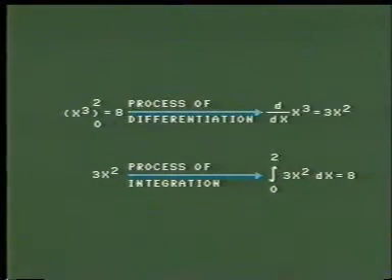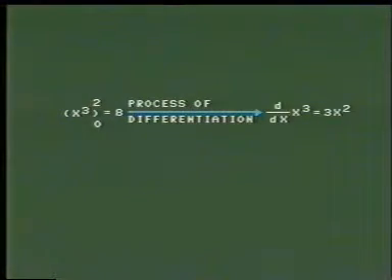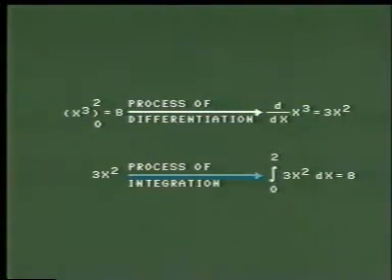On applying the process of differentiation, differential coefficient of x cube is equal to 3x square. Now, if we apply the process of integration, then integral of 3x square dx, x varies from 0 to 2 is also equal to 8.